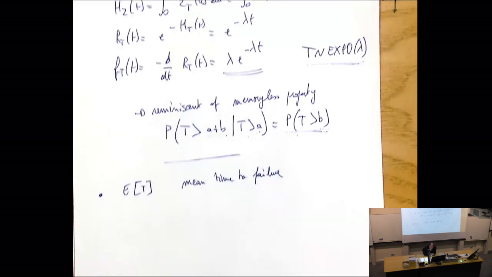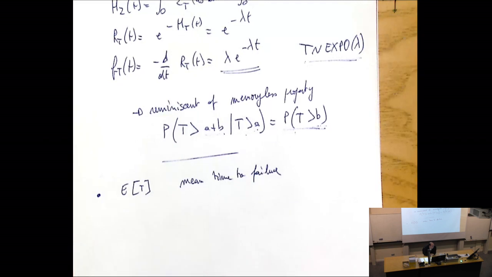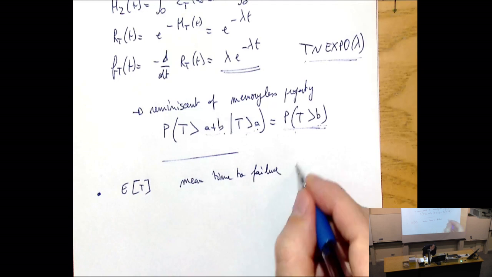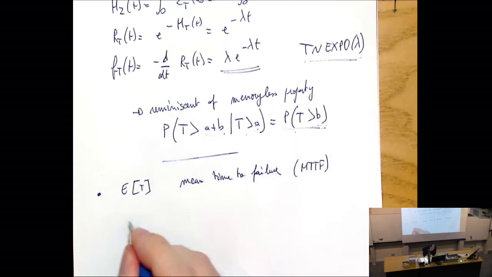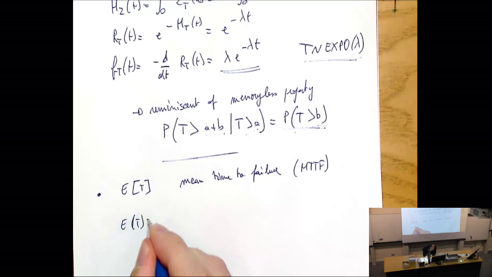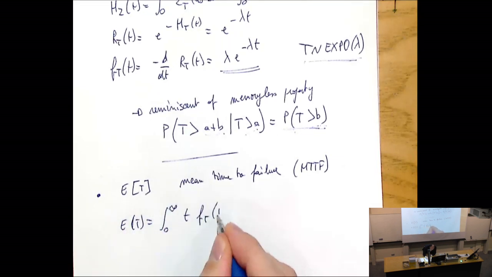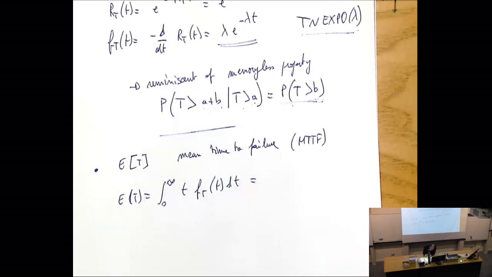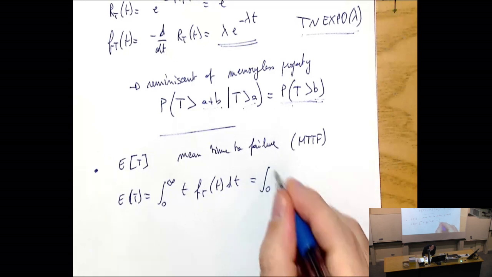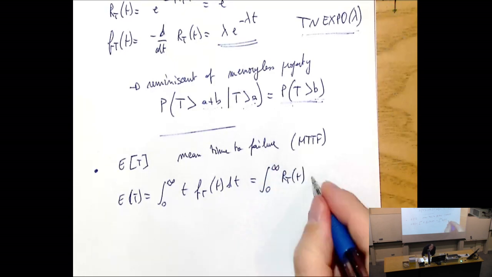Essentially it's nothing else than the theoretical mean of this random variable t. It is the integral between 0 and infinity of t multiplied by its PDF. And there is a common way of writing this, which says that it is the integral between 0 and infinity of the reliability function.